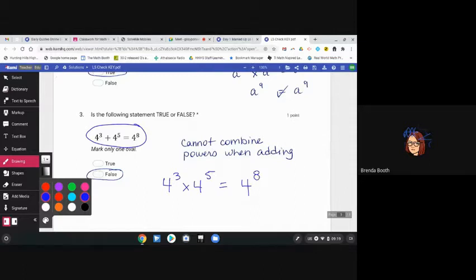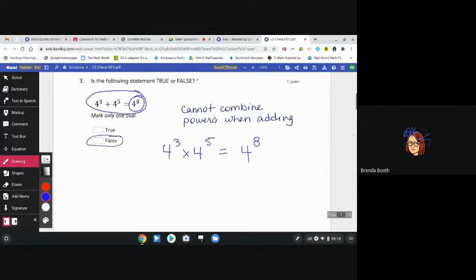But notice they say that for adding, you also get a 4 to the 8th. Well, that can't be true. Adding and multiplying can't be done the same way. Those are different operations. So what's important to understand, you guys, is there is no shortcut rule. You cannot combine powers when it is adding or when it's subtracting. So don't get tricked up on those ones.